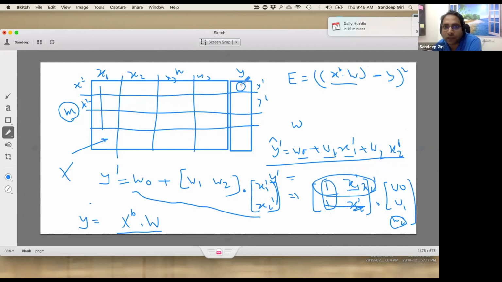Now this is error. So we came up with some weights, and these weights led to some value, right? And the same thing we'll do here also. So this one we will write for the first row, and then we do it for the second row.